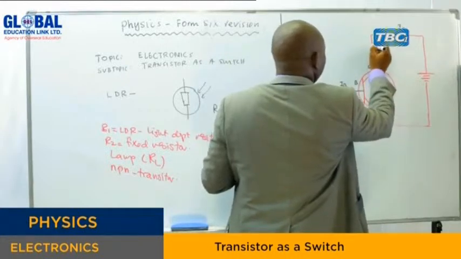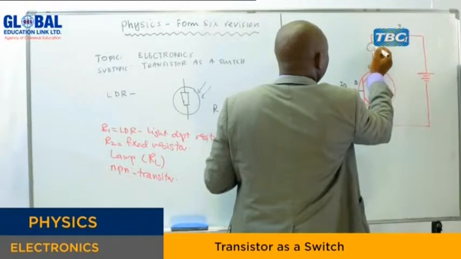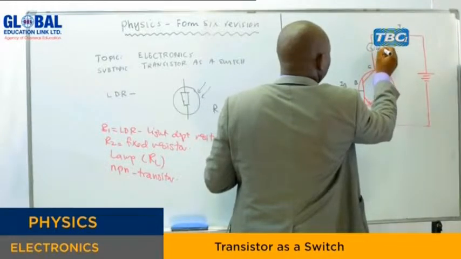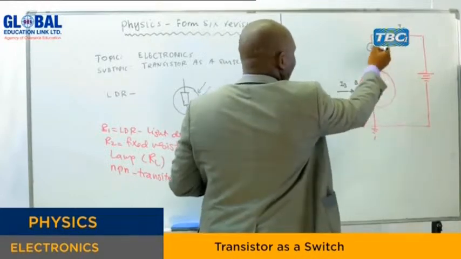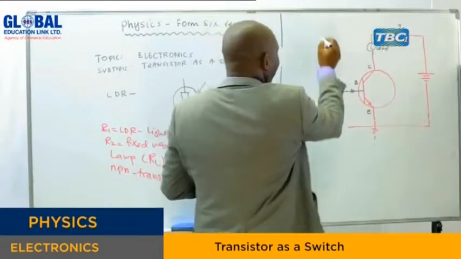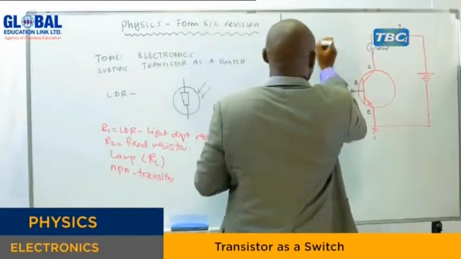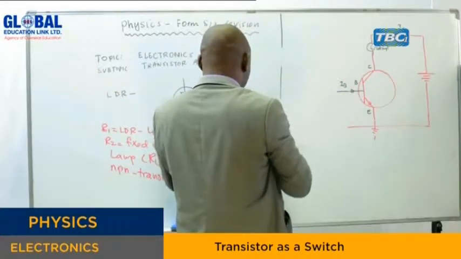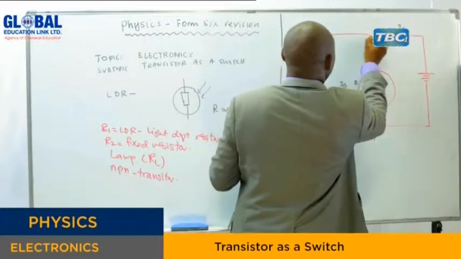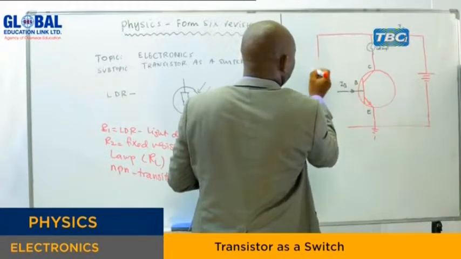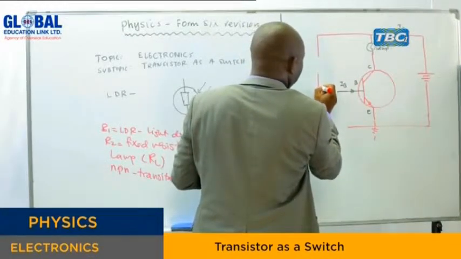That's where you connect the lamp. The lamp must be connected here, so this is the output, and it can be switched on. Remember, for stabilizing the common emitter transistor, we had a certain component which should be incorporated here.